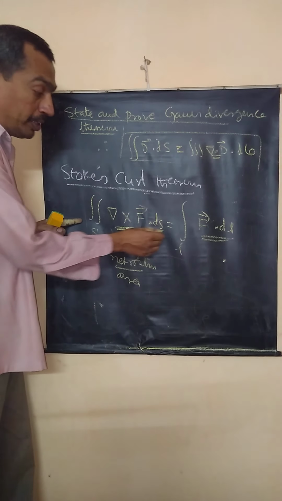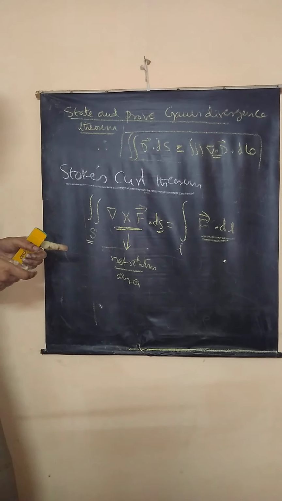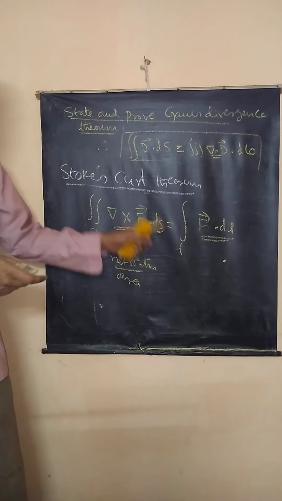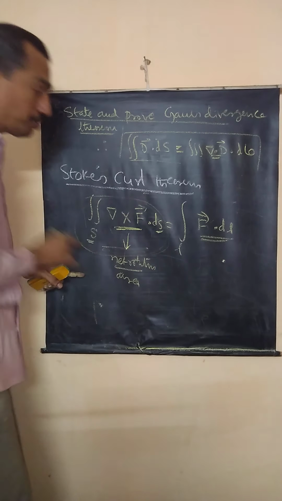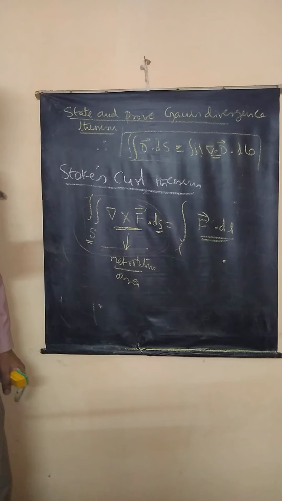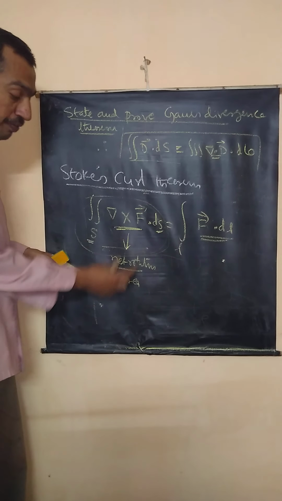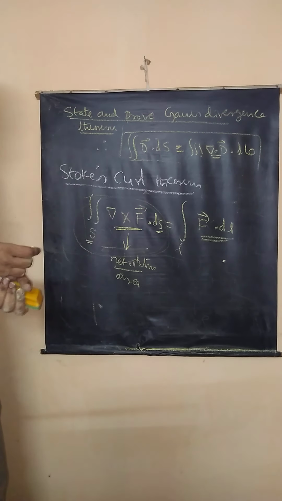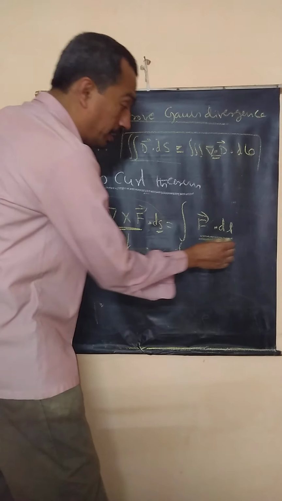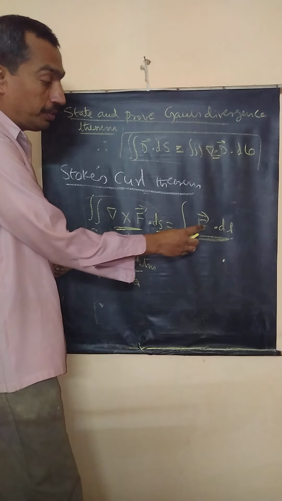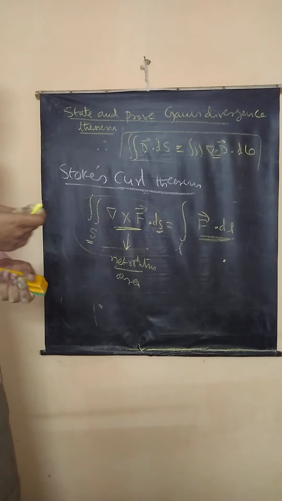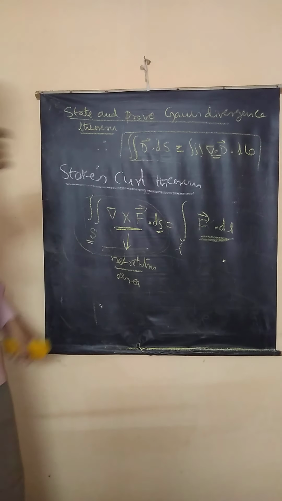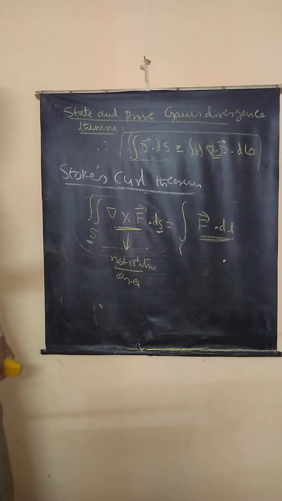When you integrate it over the total area, you will get total rotation. So this whole LHS, if you ask me, is total rotation, correct? This del cross F represents net rotation per unit area. Right hand side, see this, line integral of the vector over the boundary enclosed by this surface. Can we have a picture to represent this?